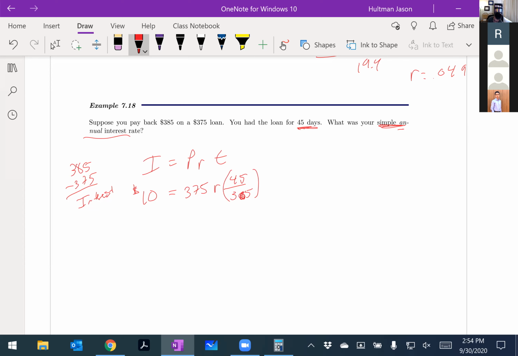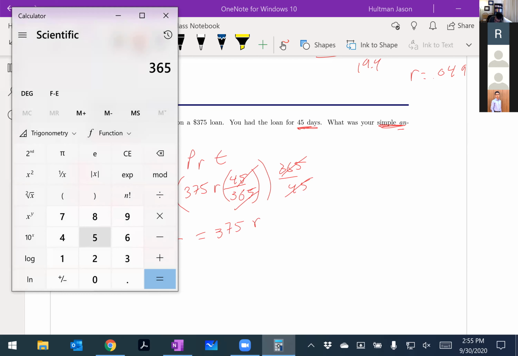I just have to solve for R using some algebra. The first thing I'm going to do is multiply both sides by 365 over 45, the reciprocal. That's going to give me 3650 over 45 is equal to 375 R. Does 3650 divided by 45 go in evenly?